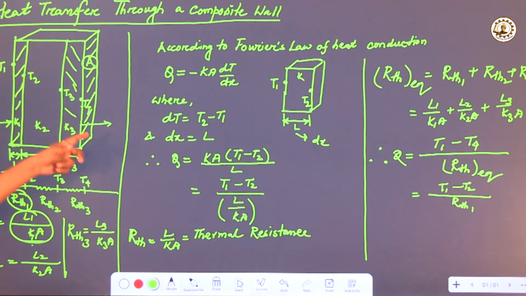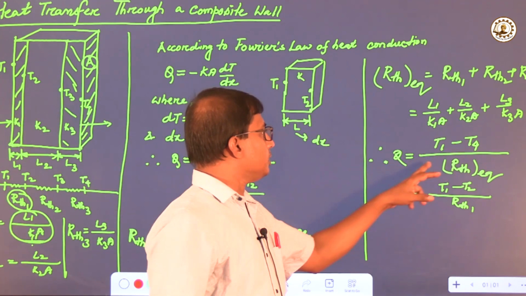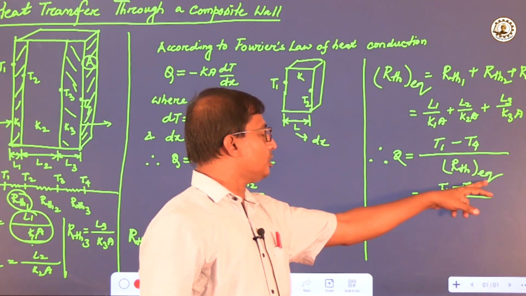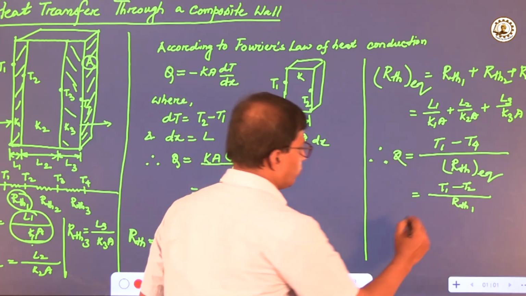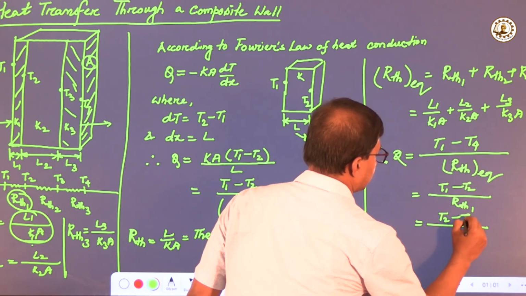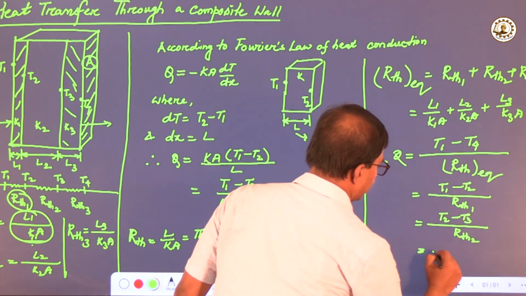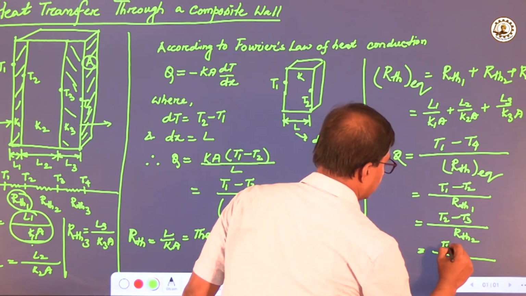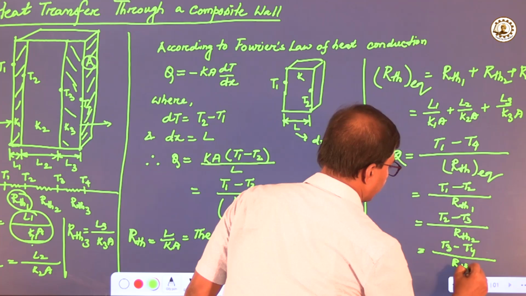So as Q is constant throughout, we can write Q is equal to T1 minus T4 divided by R thermal resistance equivalent, that is equal to T1 minus T2 by R thermal resistance 1. Similarly, we can write T2 minus T3 divided by R thermal resistance 2, and that is equal to T3 minus T4 divided by R thermal resistance 3.